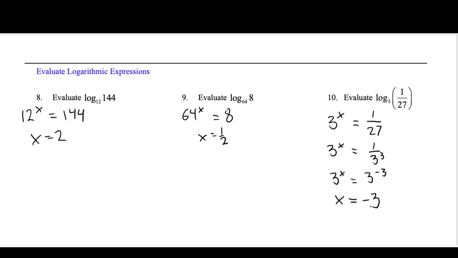I think I had right at the very beginning of this section, I put up on the screen the expression 5 raised to the power of x equals 20, right? I could rewrite that in logarithmic form if I want to. Log base 5 of 20 equals the unknown value x, right? But evaluating the expression log base 5 of 20, it's not easy, right? We don't really have an inspection or a by hand way of doing that.